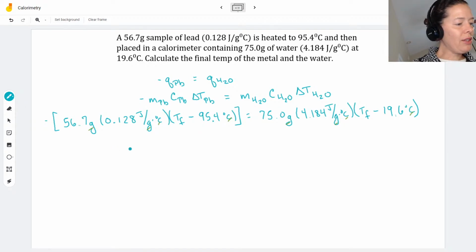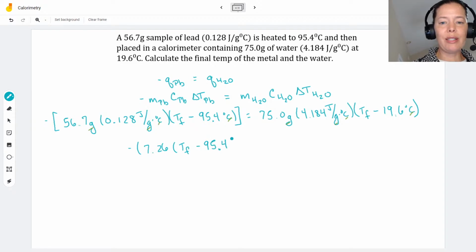So what I've got on the left is 7.26 times my final temperature minus 95.4. Oops, that decimal kind of disappeared. Oh, you know what? I should change that to a bracket so it makes it a little more clear.